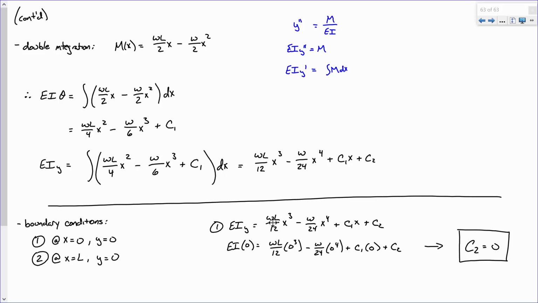At x equals 0, the deflection's 0, and at x equals L, the deflection's 0, okay? Now, that is going to change on the next example because we're going to be using different boundary conditions. Why? Because we're not dealing with a simply supported beam, it's a fixed-ended beam. So just keep that in the back of your head.